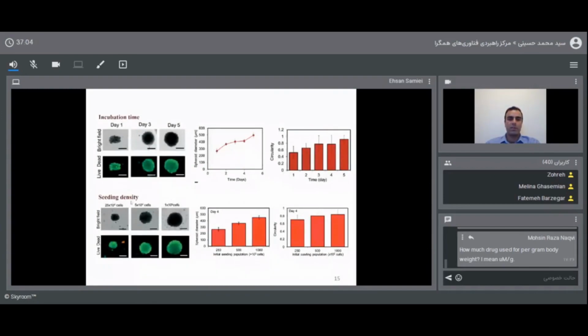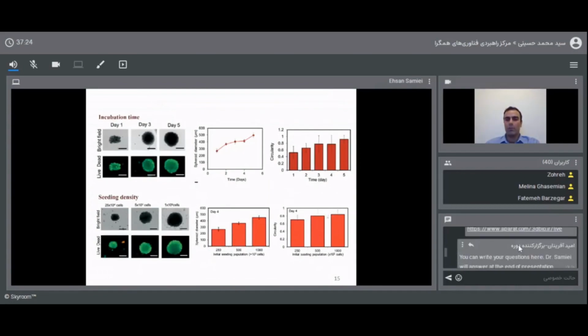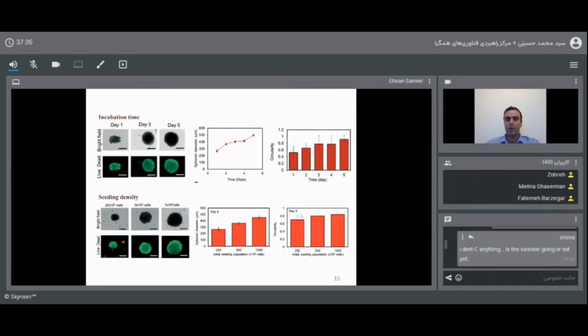Different cell numbers could be seeded, and as you can see here, the spheroid size could be controlled by the seeding density. The circularity of the spheroids at different seeding densities was also good, improving with the higher number of seeded cells.